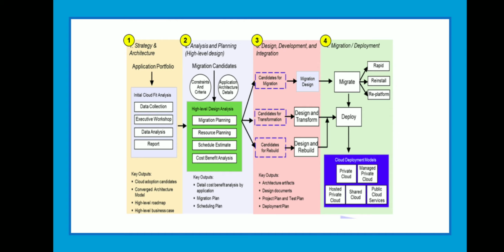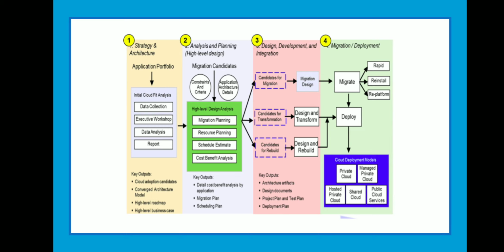From the key output perspective, this will give you a detailed cost benefit analysis by application. You will have a migration plan and a scheduling plan. Plus, you have to enforce the existing criteria from the business requirements perspective and the constraints. Plus, you have to apply the application architecture details if there are any from the enterprise architecture perspective.